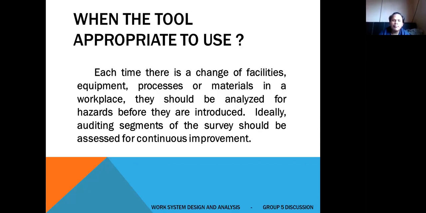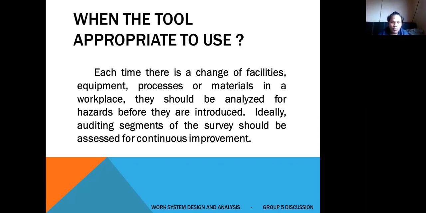So when is the tool appropriate to use? This tool can be used each time there is a change of facilities, equipment, processes, or materials in a workplace. They should be analyzed for hazards before they are introduced.